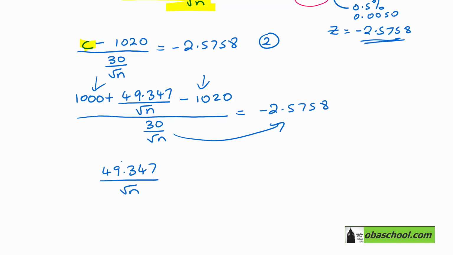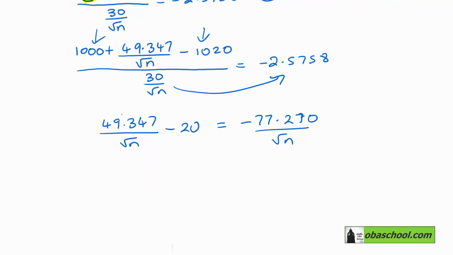49.347 over root n, take away 20, is equal to negative 77.274, which is just 30 times negative 2.5758 divided by root n.